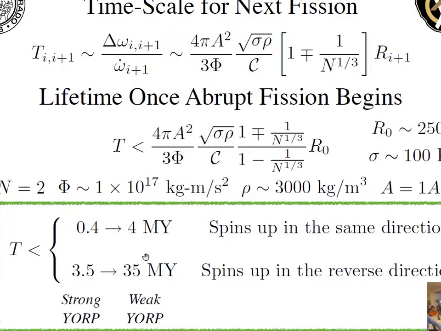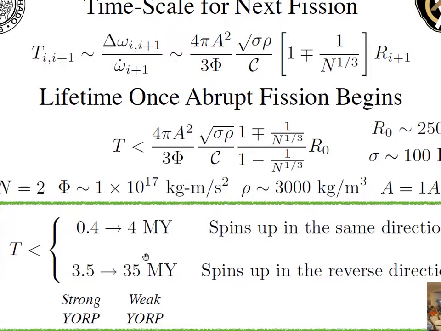Now, the individual rocks that can constitute a rubble pile asteroid can spin extremely fast before they would fail, because they have strengths on the order of many kilo to megapascals. But the process of disaggregating the rubble pile into these component rocks only takes a finite amount of time.